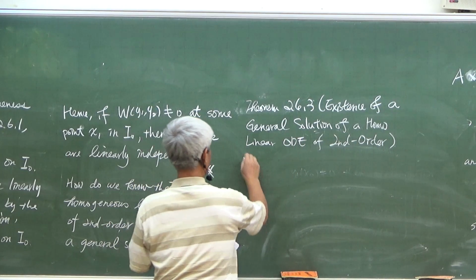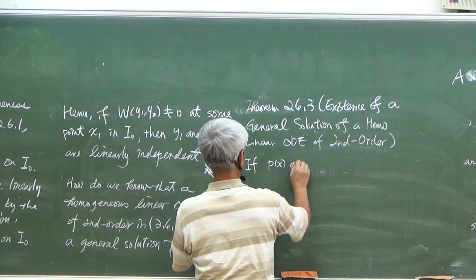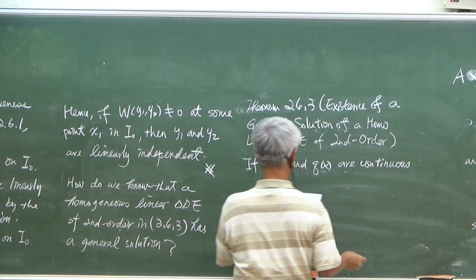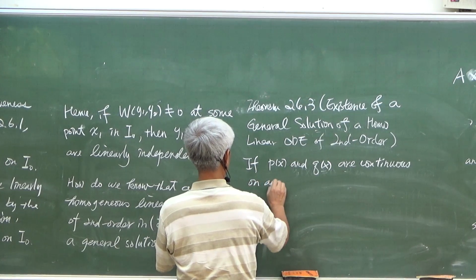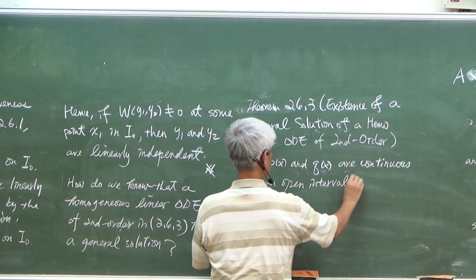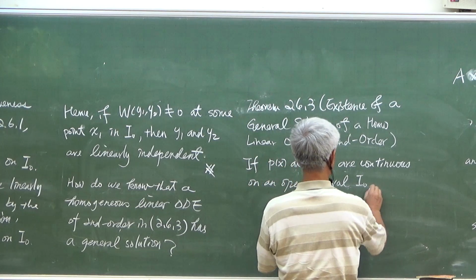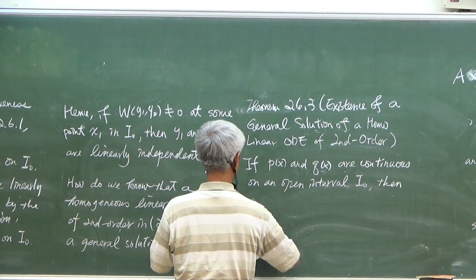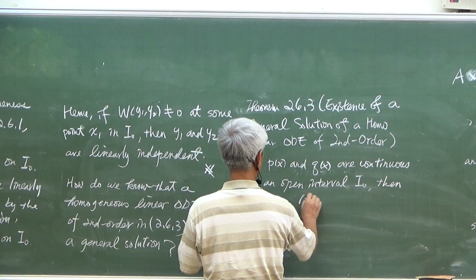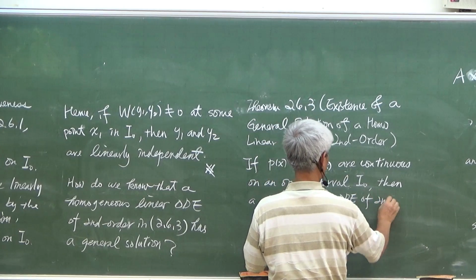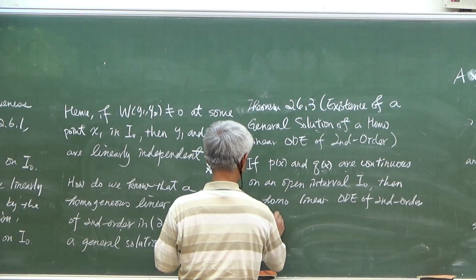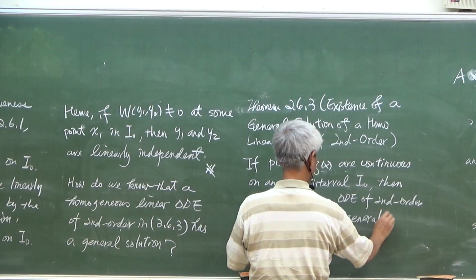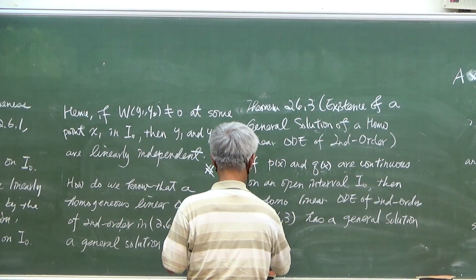If p(x) and q(x) are continuous on an open interval I0, then the homogeneous linear ODE of second order in 2.3 has a general solution on I0.